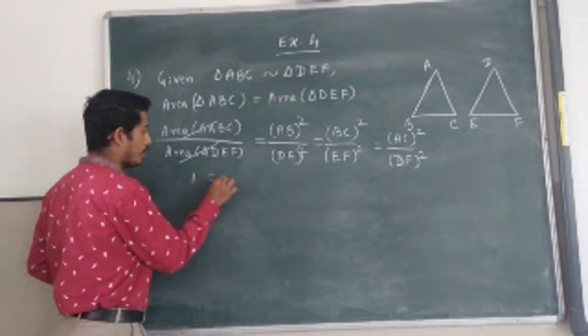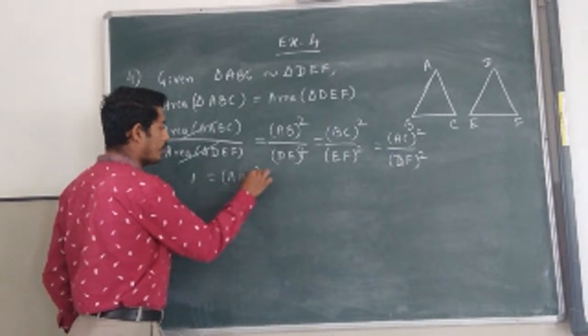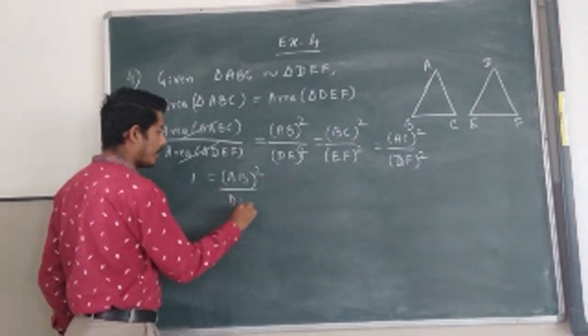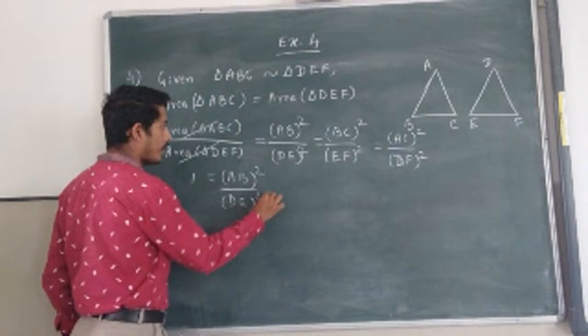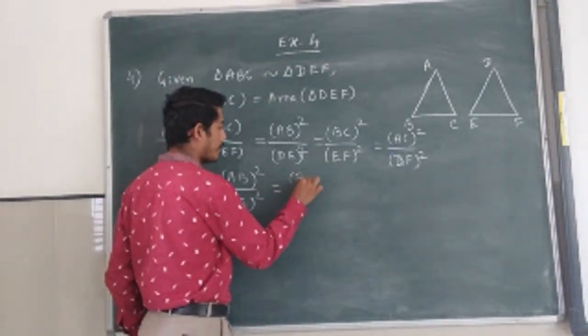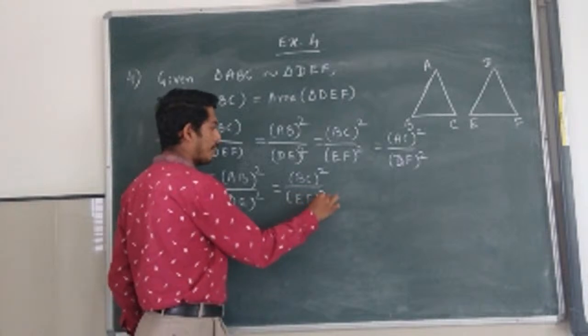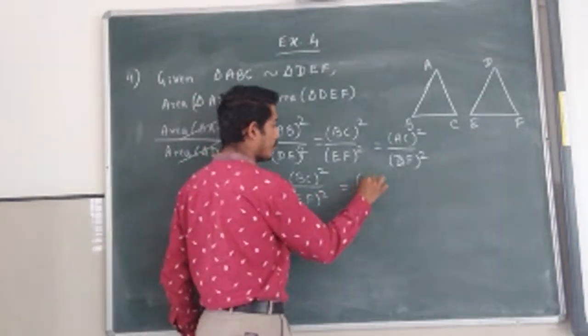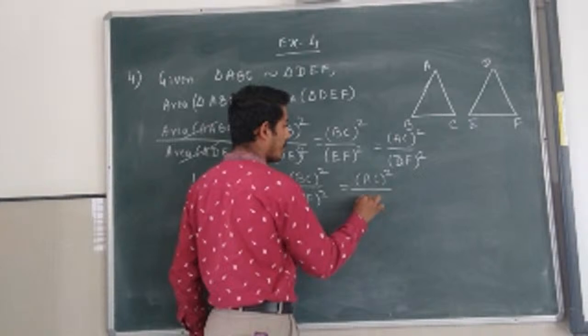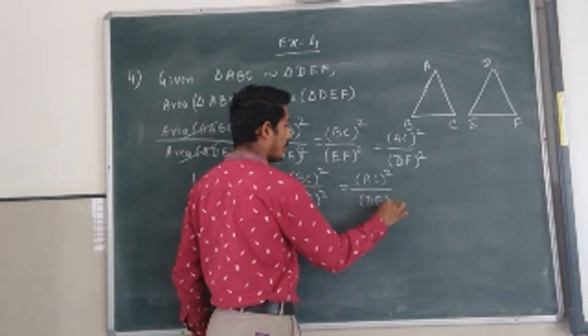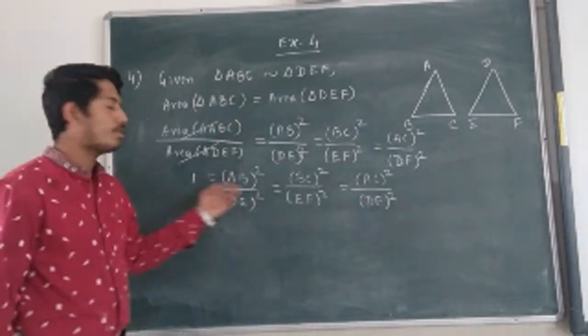That is 1 equals AB whole square divided by DE whole square, equals BC whole square divided by EF whole square, equals AC whole square divided by DF whole square. So all the values are equal to 1.